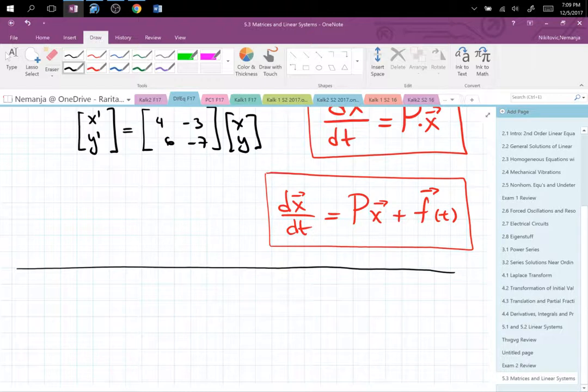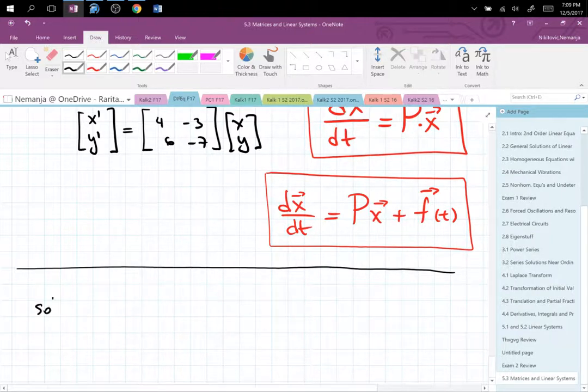Now, when you solve these, you are going to end up with solutions which are given to you.